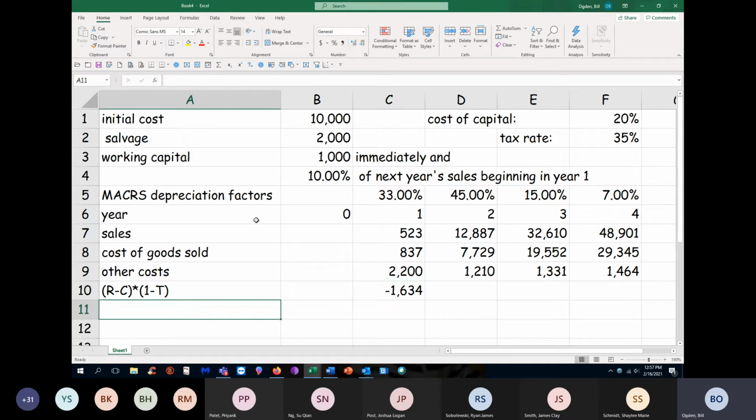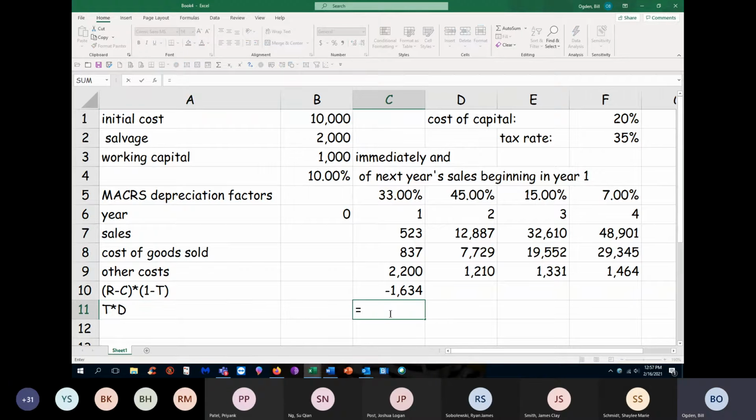Okay, and then our tax shield: T times depreciation. So we'll say equals the tax rate, and I'll lock that, of course, because it won't change, times depreciation.